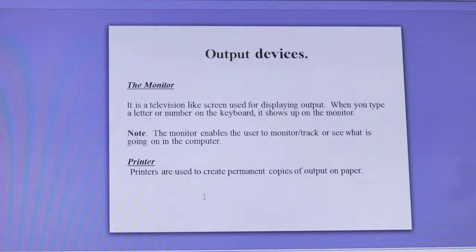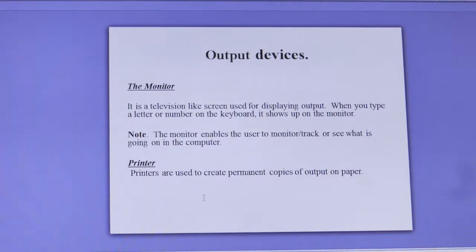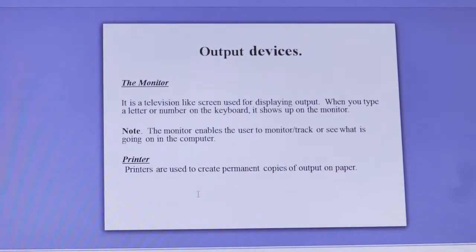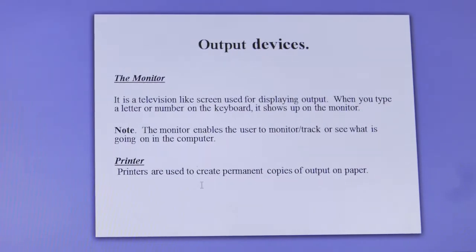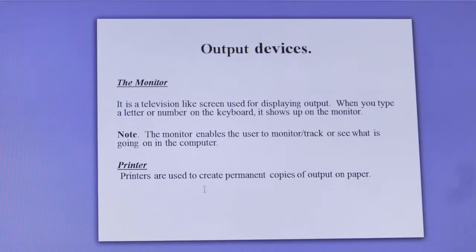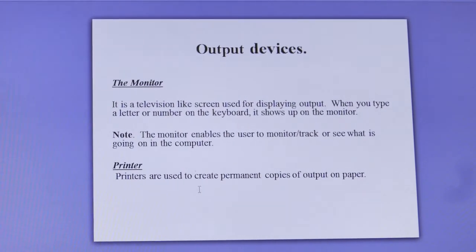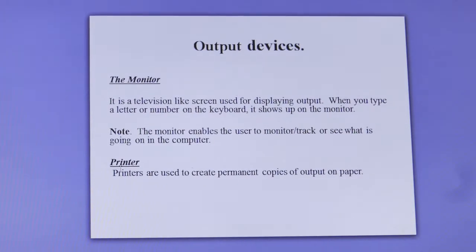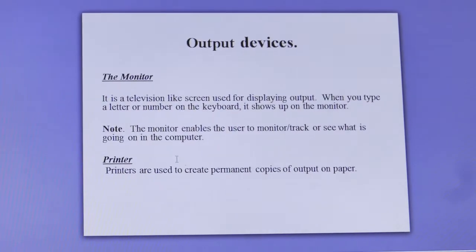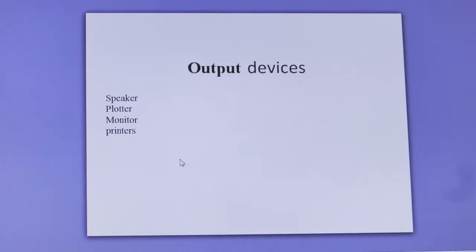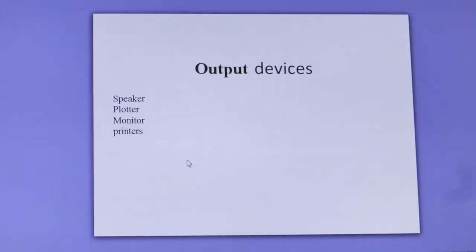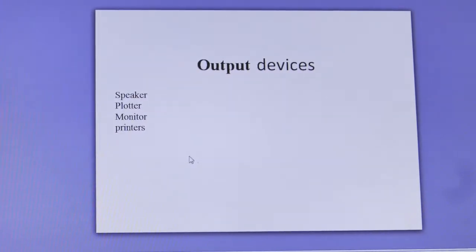Then, apart from input, we have output devices, and these are the ones that are used to display the output after processing. Examples: we have monitor, we have speakers. When you speak, people can hear you.